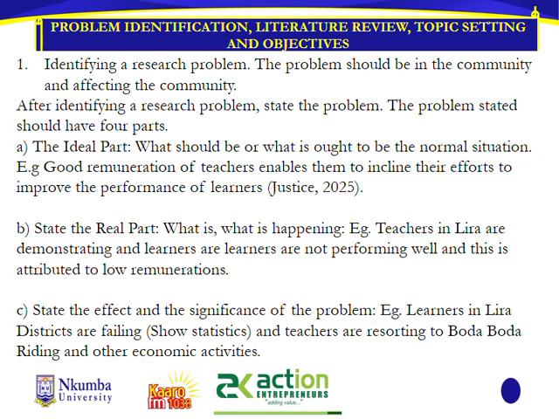Problems that are researchable are always occurring in our communities, and our communities are having problems that keep on affecting them, that they need to be relieved from through research. So here the researcher has to identify the research problem, and in our research you will see a part which we call stating a research problem, which we call a problem statement.